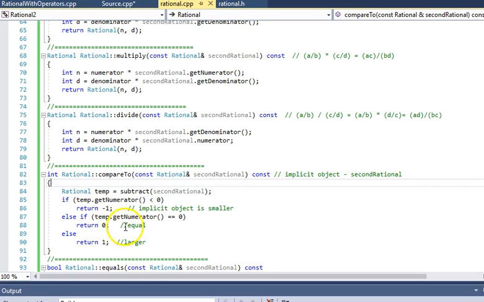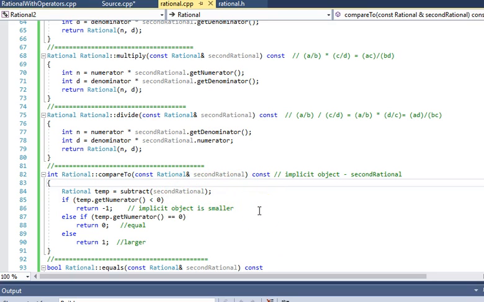If the result of that subtraction is equal to 0, then the two objects are the same, and if the result is positive, then the implicit object is larger than the parameter that was passed to it.